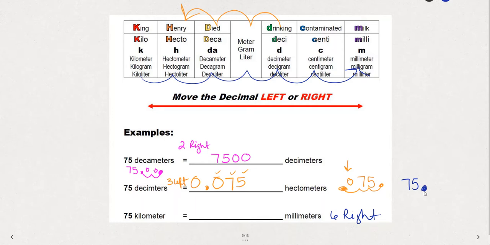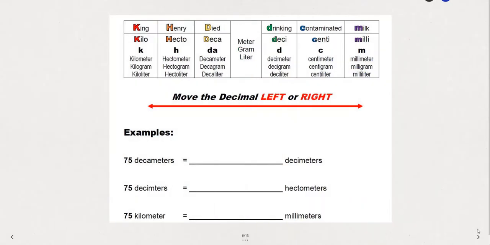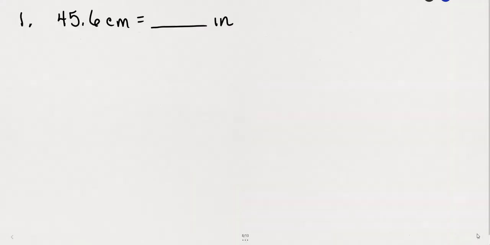If I moved the 6 to the right, 3 and 3 more, then I'd have 75 million millimeters. That's how we use this King Henry chart to simply move the decimal left or right. And again, the reason that we can do this is because we're using the base 10 number system.